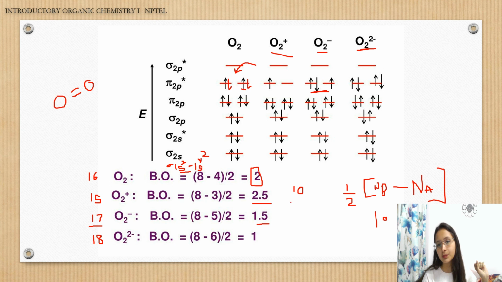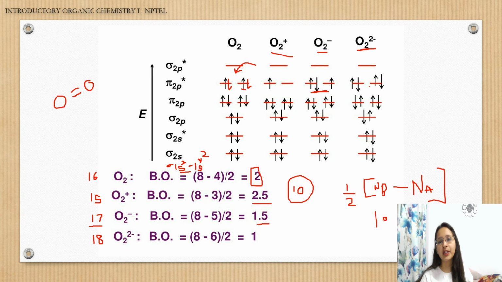So in this case, we also have 10 bonding electrons, so the bonding orbital number is not getting changed. What is changing here is that the pi star 2p orbitals have two extra electrons.